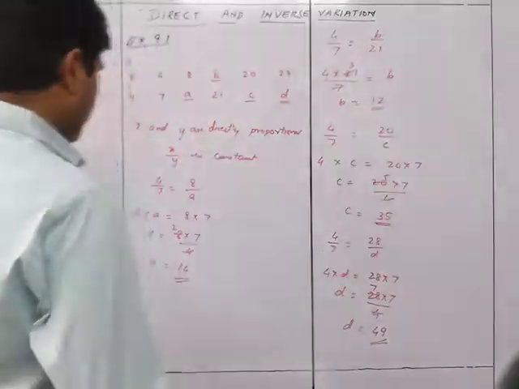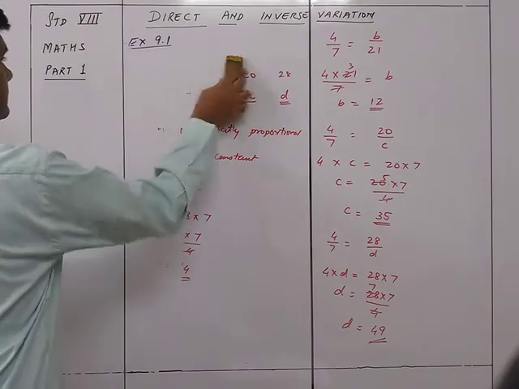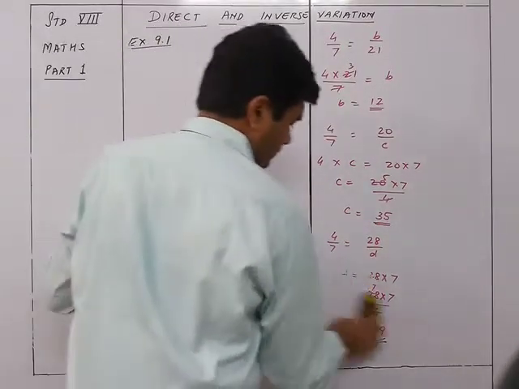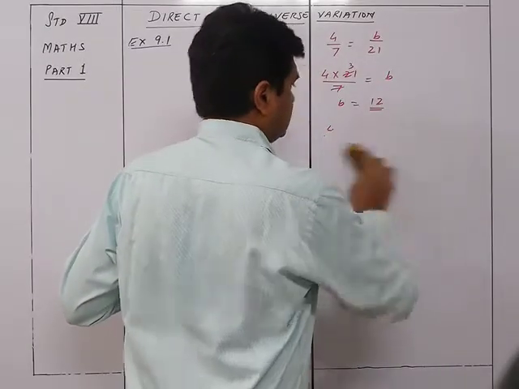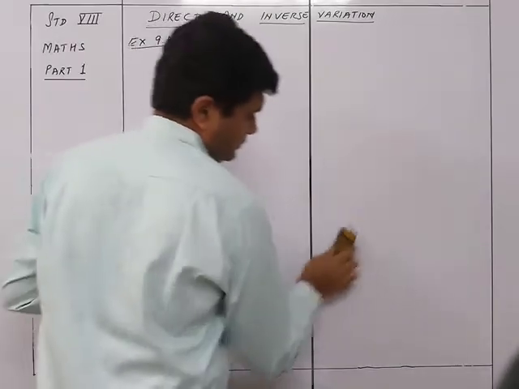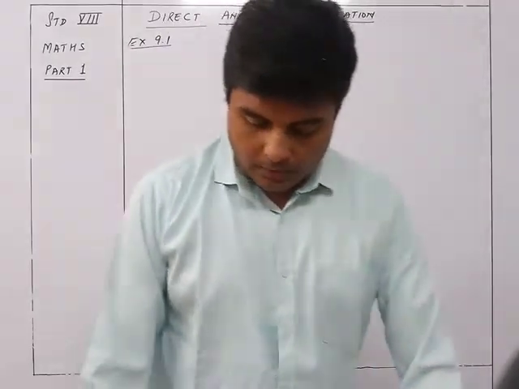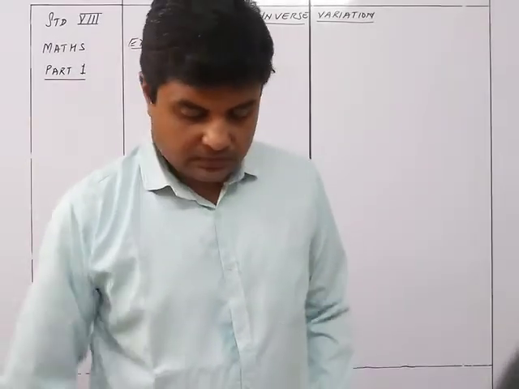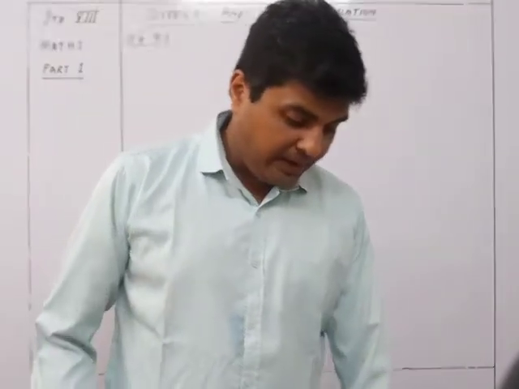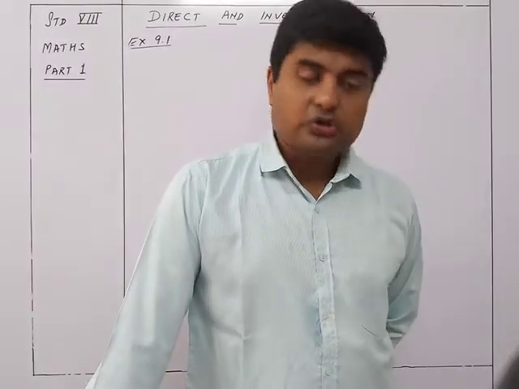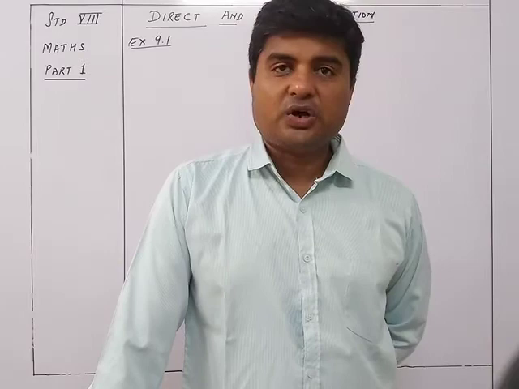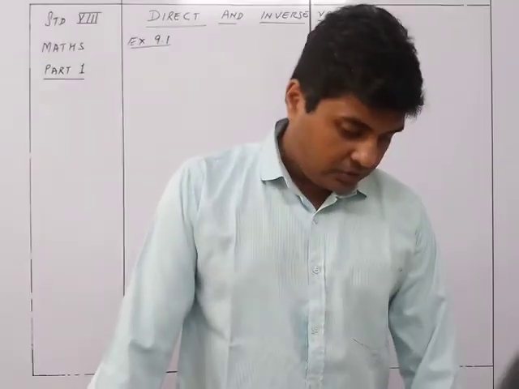We come to sum number 3. If 8-meter cloth costs rupees 250, find the cost of 5.8 meters of the same cloth.